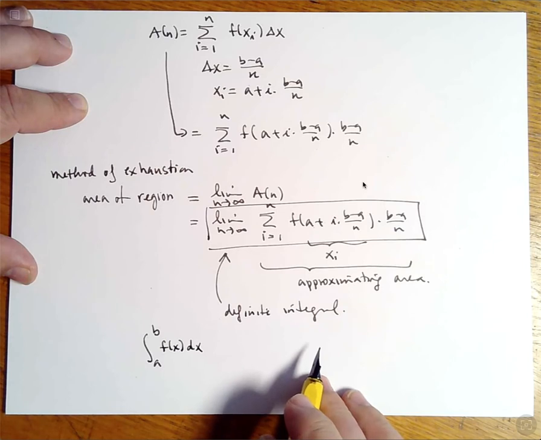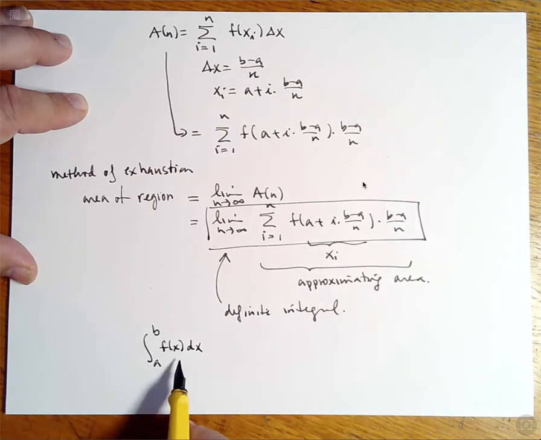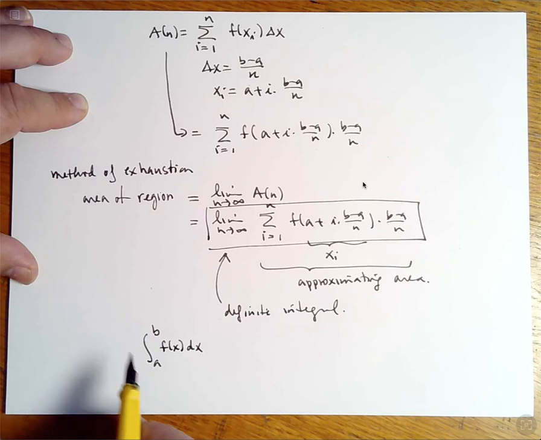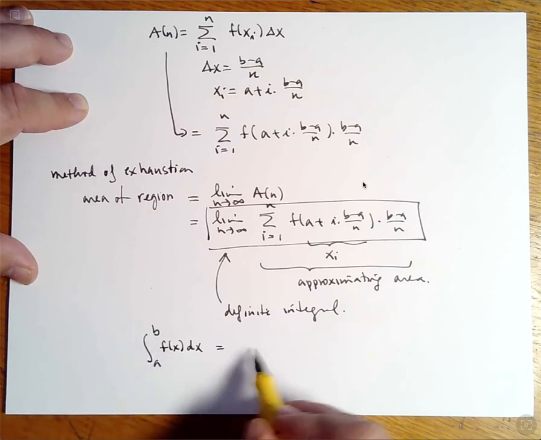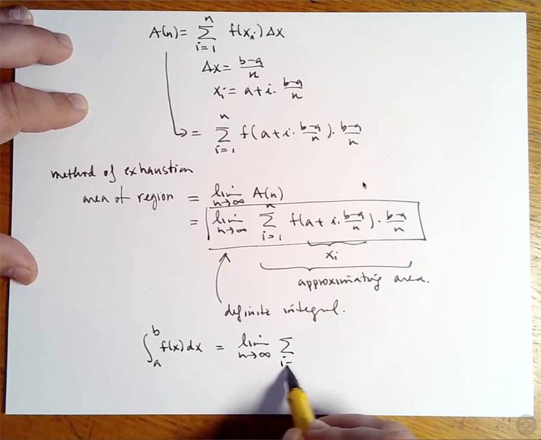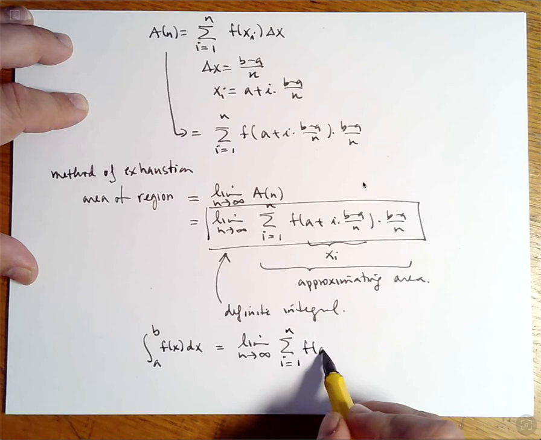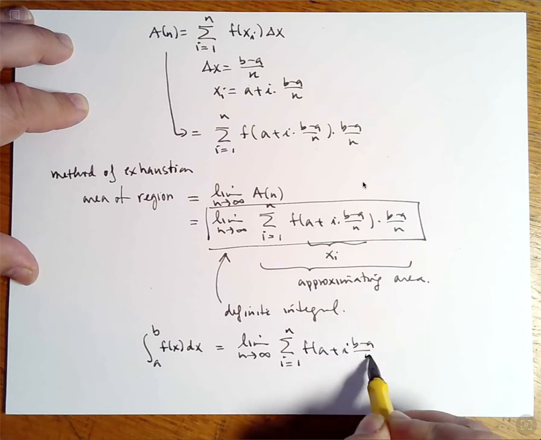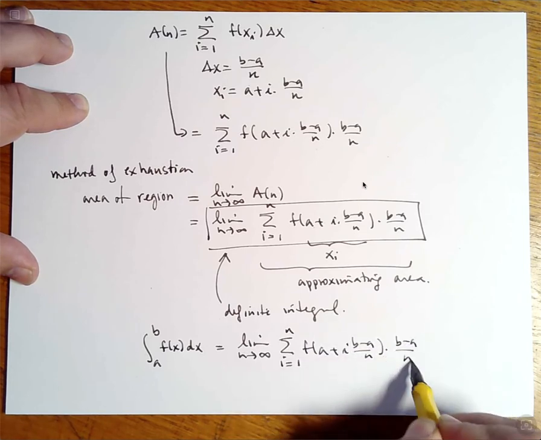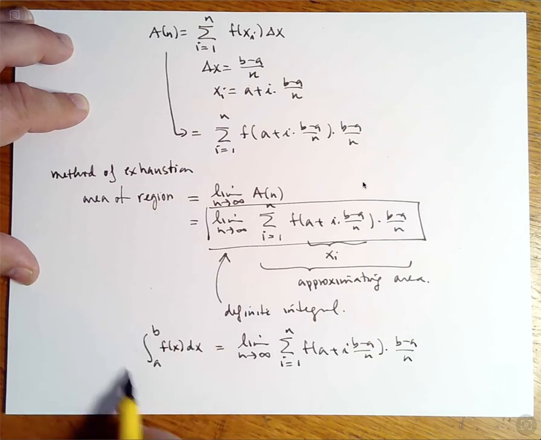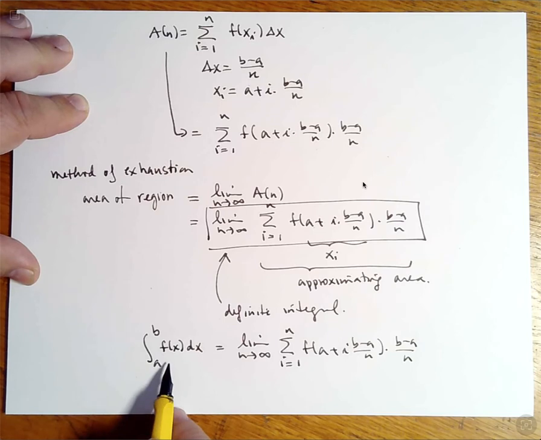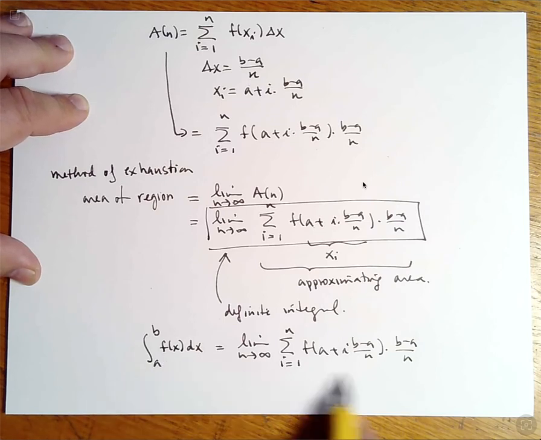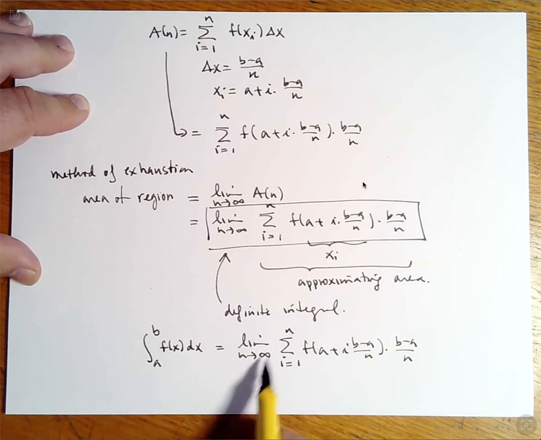We appropriate the notation for the indefinite integral, and we add these things called limits of integration. So the rest of our course is basically going to be about understanding this stuff and working with these definite integrals. You need to know that this means this, where this limit here is the method of exhaustion.